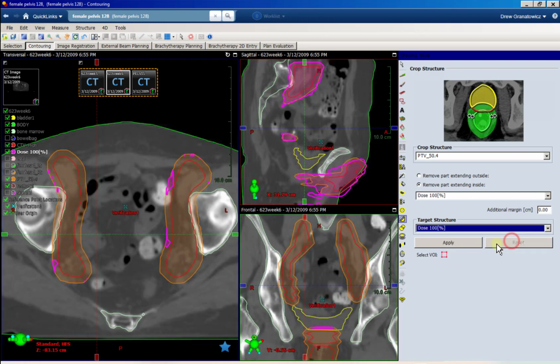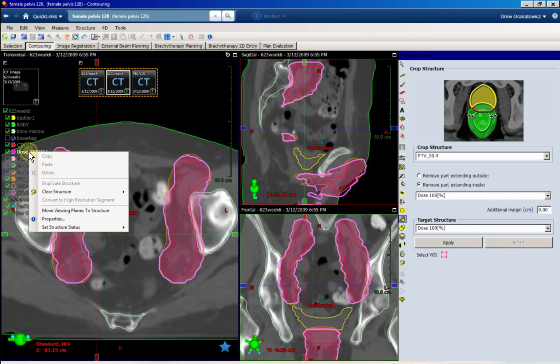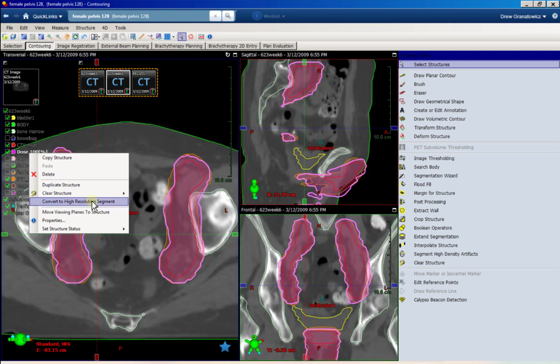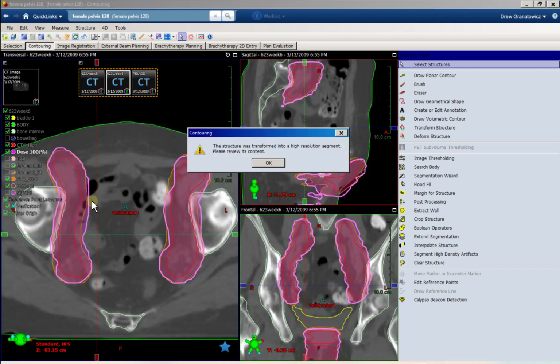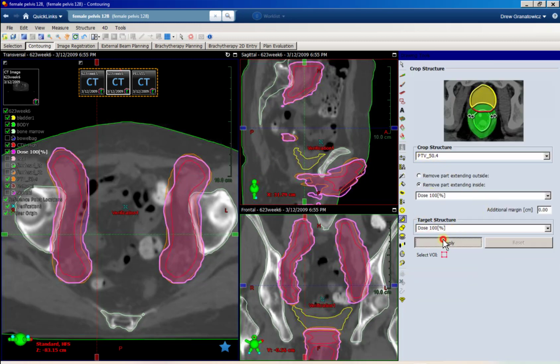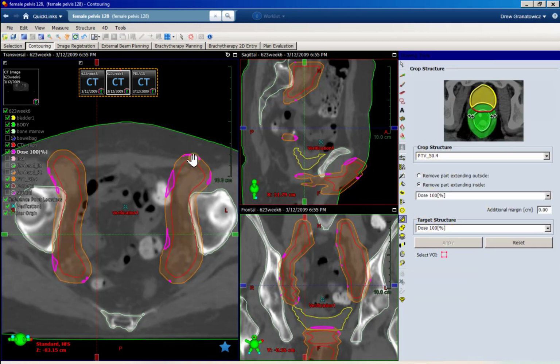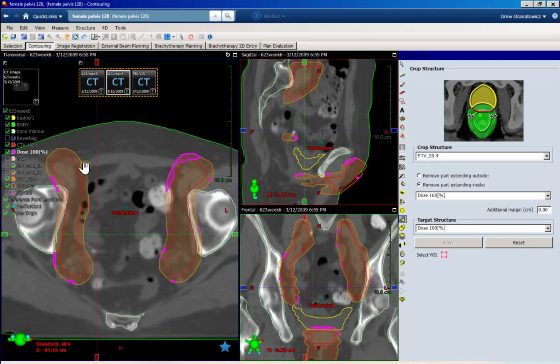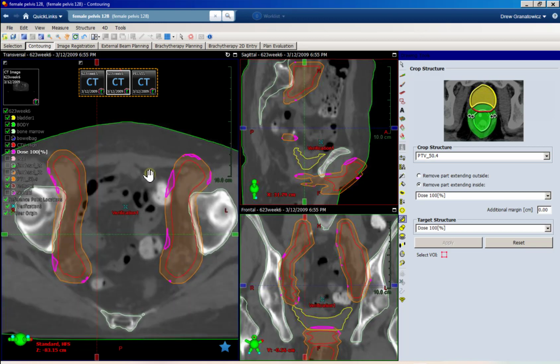So what you can do is convert this 100 contour into a high resolution segment, and you can see it's a little bit more accurate contour. You won't have as many of those little dots. You still have some because you have a lot of little spots that are cold.